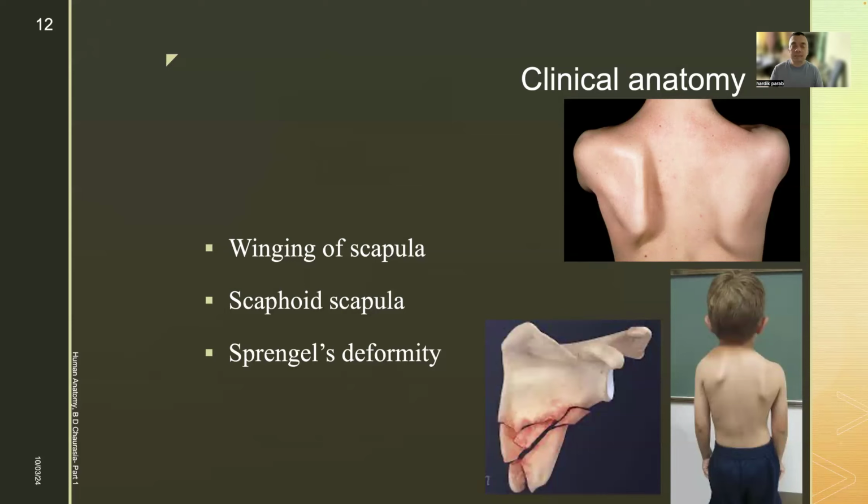Then there is anterior tipping, which mainly occurs because of inferior trapezius, lower fiber of trapezius weakness, and at the same time, pectoralis minor tightness can also cause this issue. So in that way, different types of scapular disconnect pattern can be seen with shoulder pain, which as a physiotherapist we need to focus on more. So this was about the clinical anatomy.